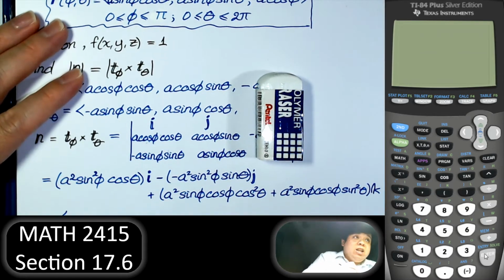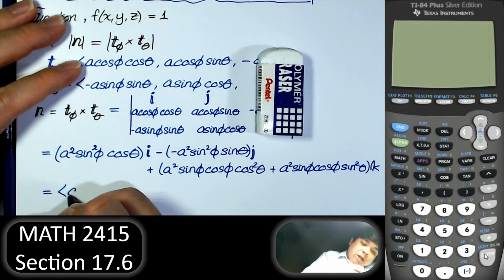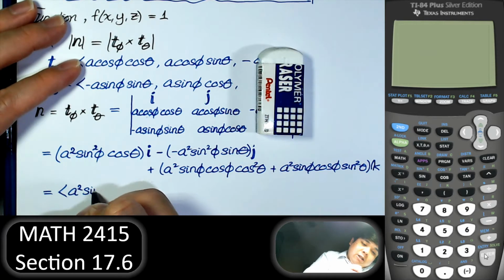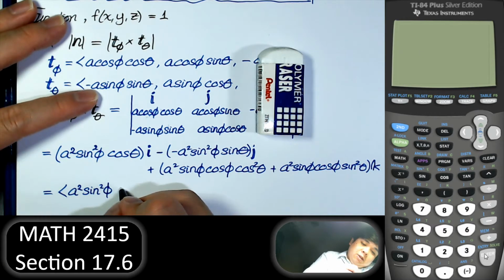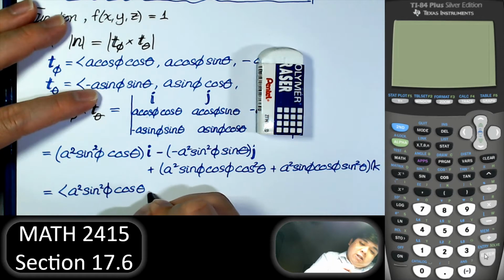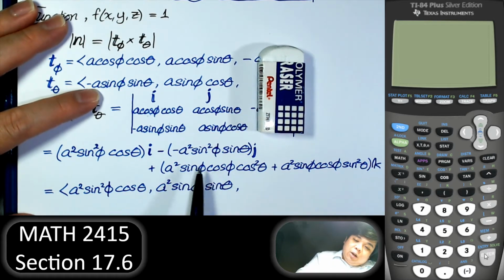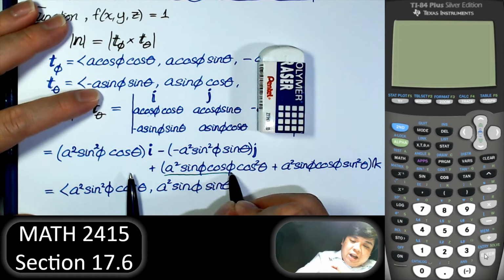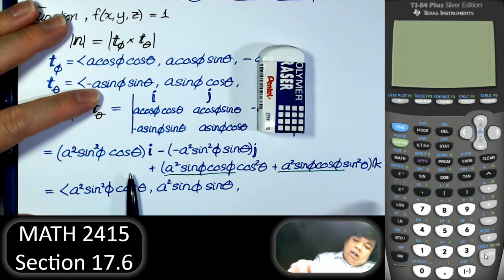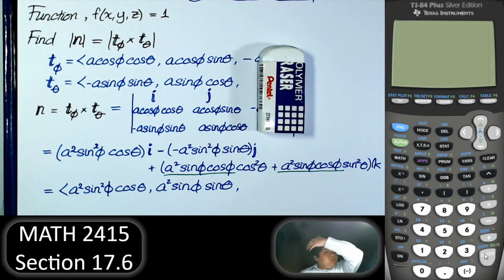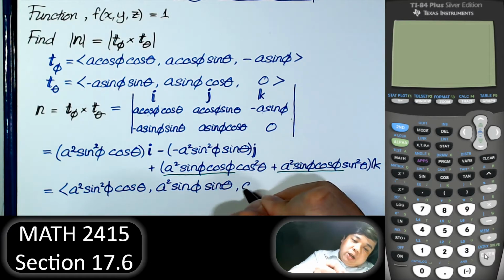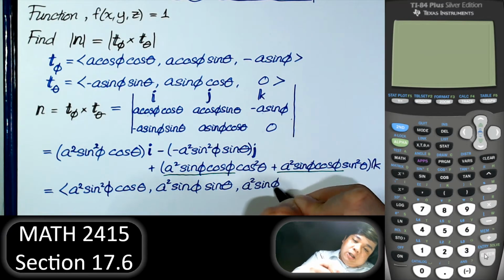So if we write that in triangular bracket, we have a square sine square cosine, negative negative a square sine sine, and then when you add these two together, you can factor out this. Cosine square plus sine square is 1. So we just have a square sine cosine.